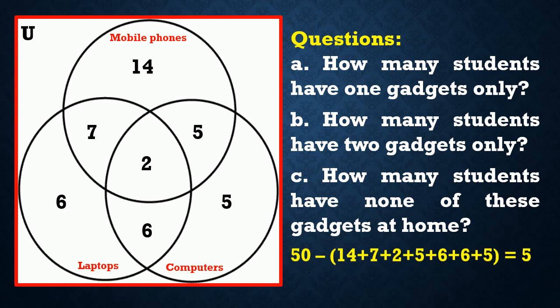So that is 50 minus the sum of 14, 7, 2, 5, 6, 6, 5. So 14 plus 7, 21, plus 2, 23, plus 5, 28, plus 6, 34, plus 6, 40, plus 5, 45. Then finally, 50 minus 45 equals 5. Therefore, there are 5 students who do not have any of the gadgets. Wala silang mobile phones, laptops, or computers. So, ang bilang nun ay 5.